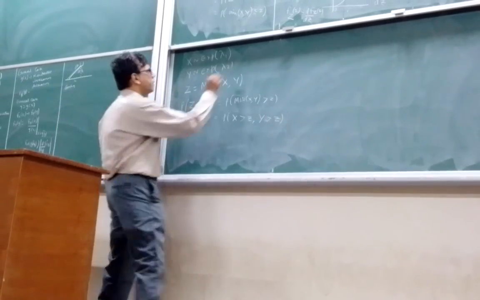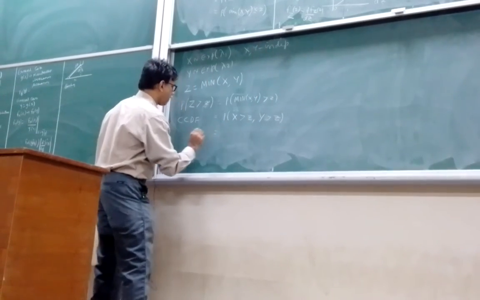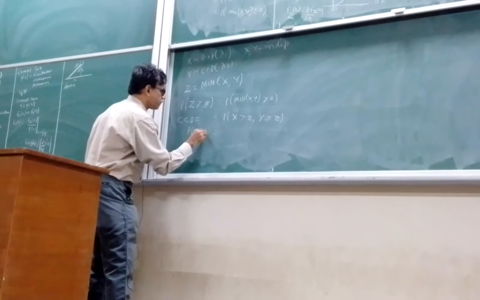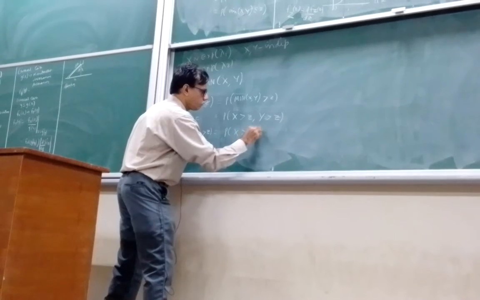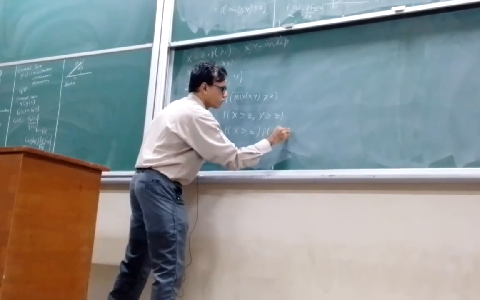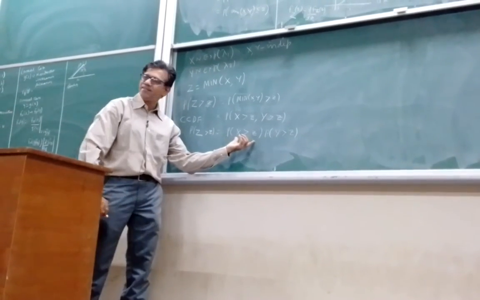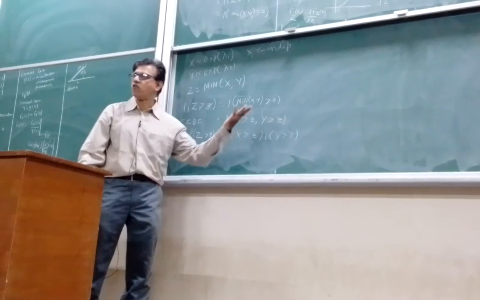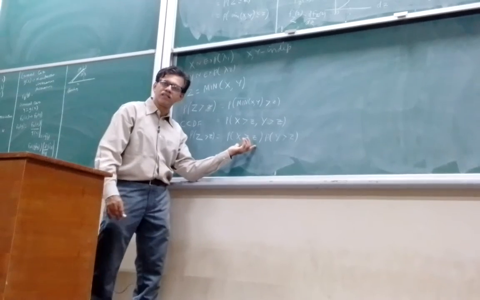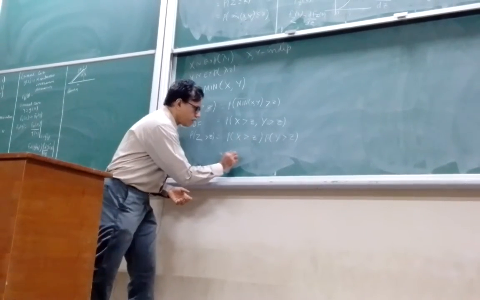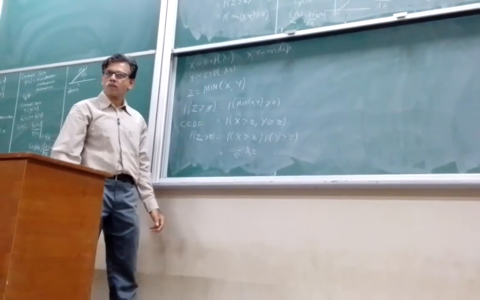And if X and Y are independent, and what is this one? This is the CCDF of X times the CCDF of Y. So because they are exponential, what are their CCDFs? e power of minus lambda 1 z. Why?